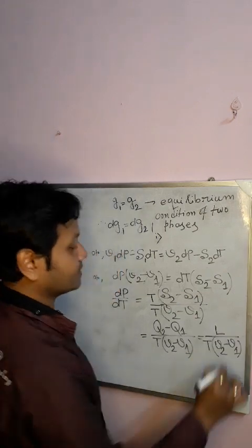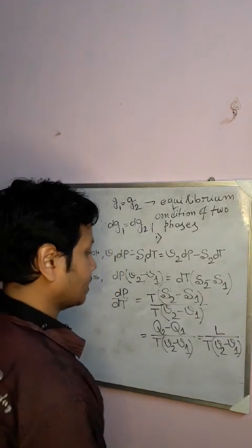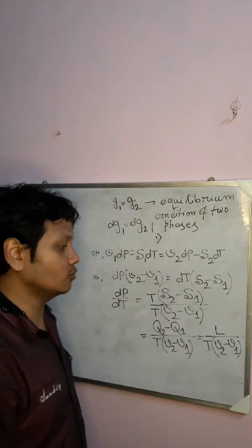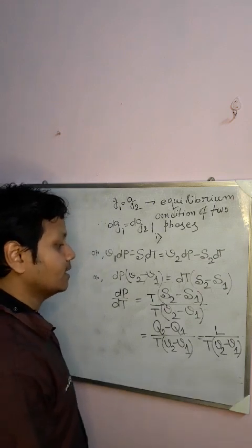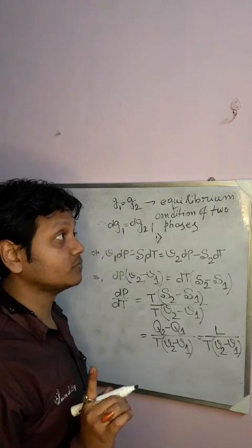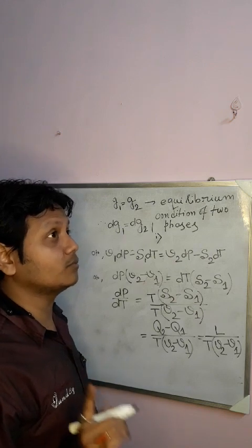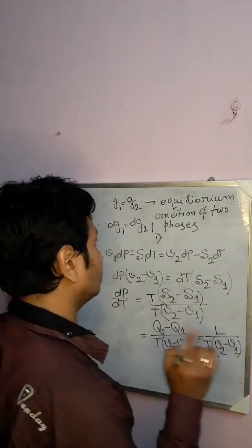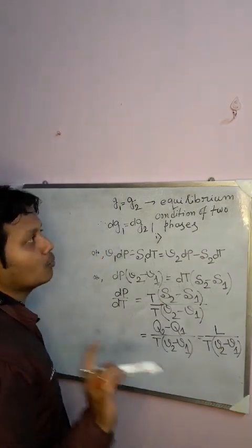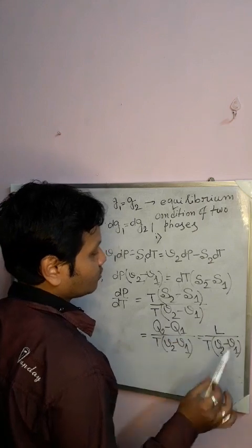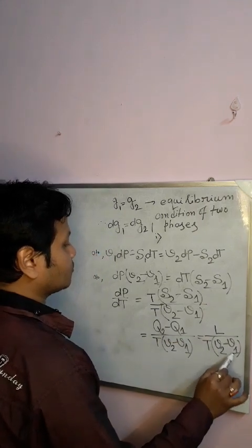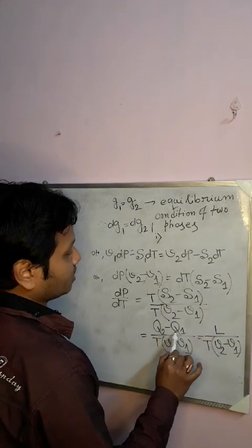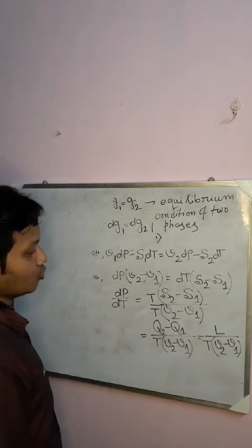So L represents the latent heat per mole, and V1 and V2 are the specific volumes in the initial and final phase. If we consider 1 mole or unit mass, whatever you can say, this volume is known as specific volume. Whenever we consider 1 mole or say 1 gram or unit mass, this term becomes specific volume, and q2 minus q1 means the latent heat per mole.